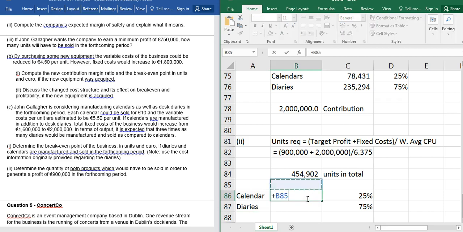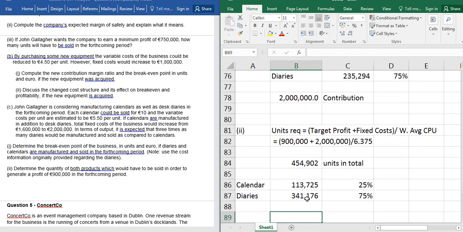So a quarter of 454 is 113,000 calendars, and three quarters, multiplied by 0.75, is 341,176 diaries. And again, if we want to prove that, you'll go calendars times 4.50.